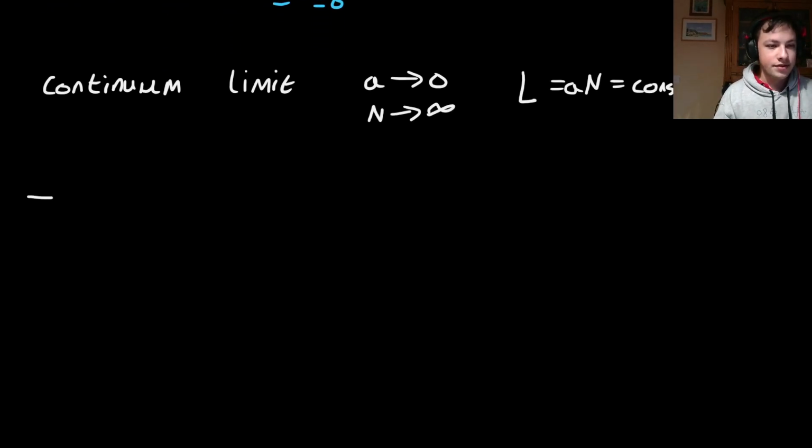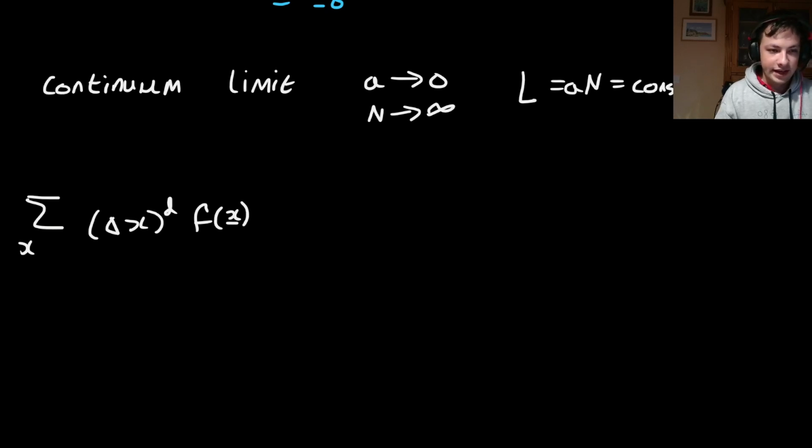Now, what happens to things like the sum over delta x to the d f of x for x in b naught? Well, in this a to 0, n to infinity limit, this is just the definition of Riemann integration, right?